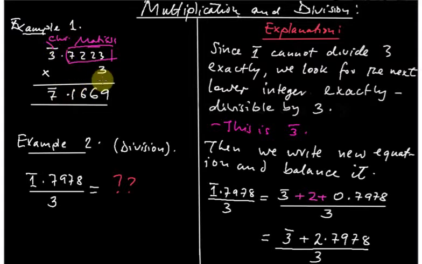So when you multiply, you multiply 3 times 3, you get 9, 6, you get 6, you get 21, you carry 2, and then you get bar 9 plus 2, it goes down to bar 7. So that is how we multiply, and it is very easy.